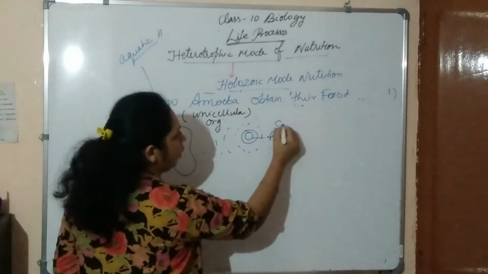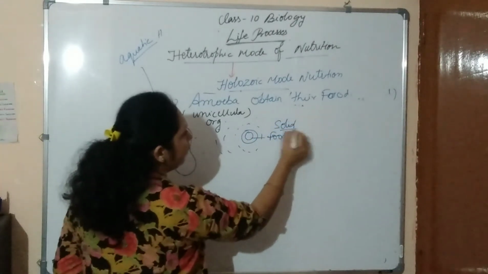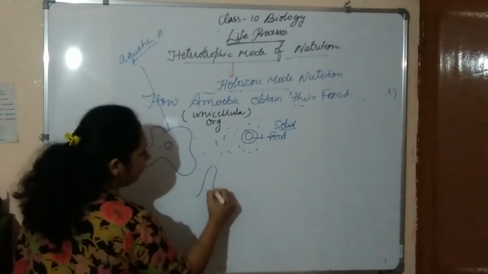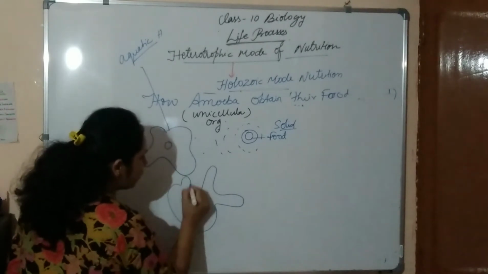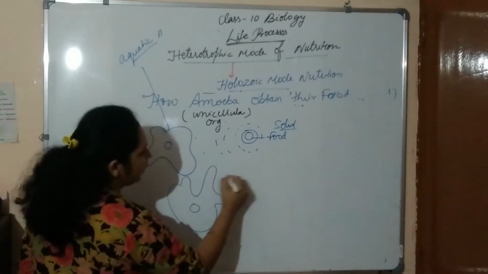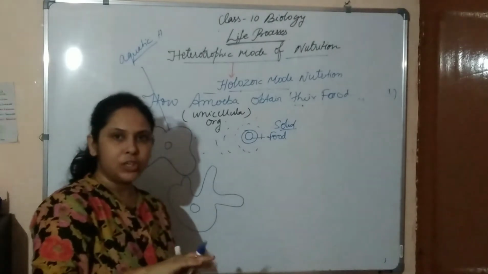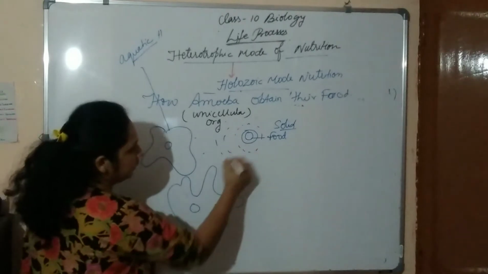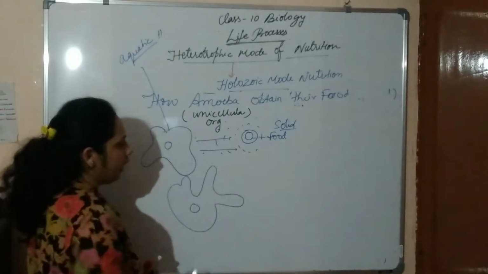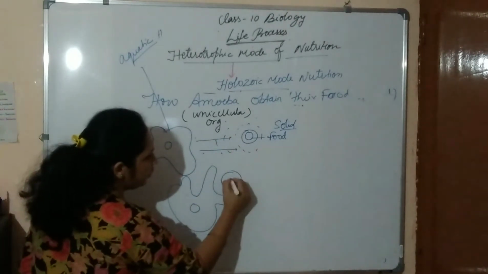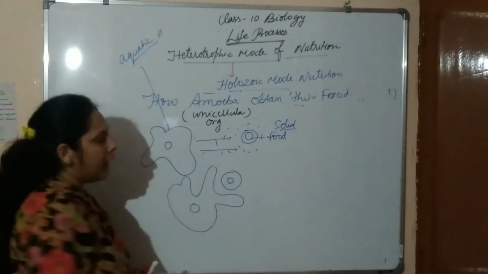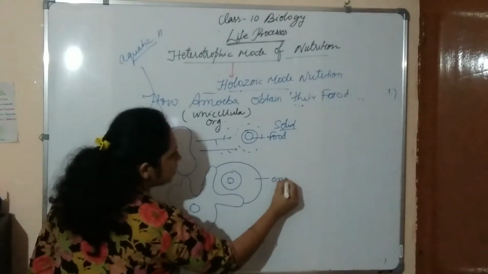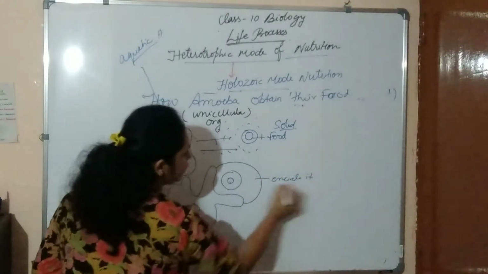So here solid food is present. Now the second step: the amoeba shows a finger-like projection, and due to this projection, they start to move towards the food, come near it, and then start to encircle this food.